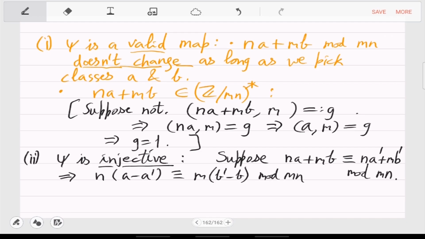So from this you can again use that coprimality trick or the cancellation trick, which is left hand side has to be divisible by m, but m and n are co-prime, so then a minus a prime has to be divisible by m.